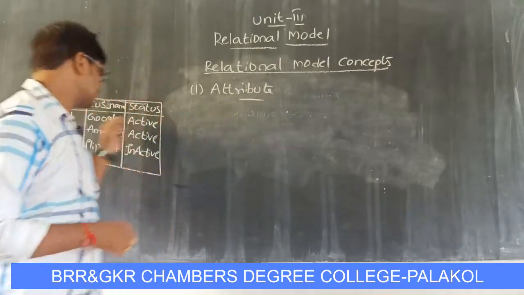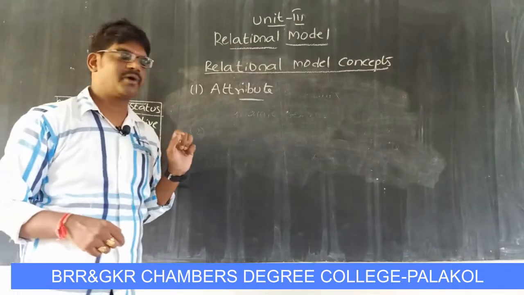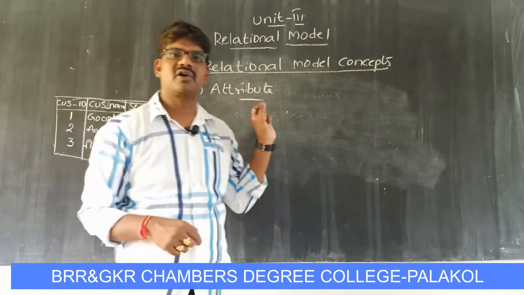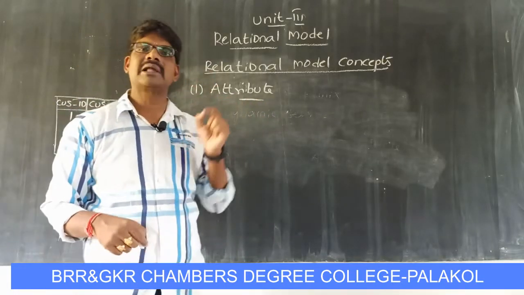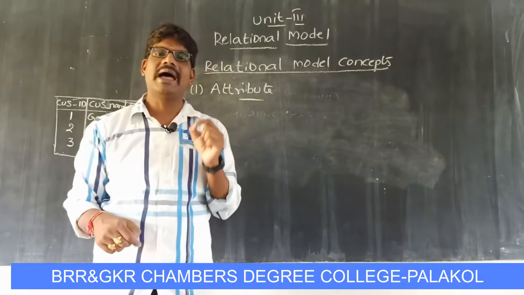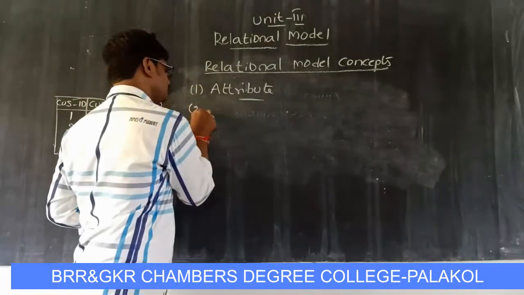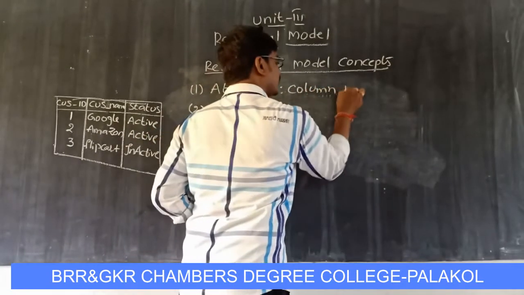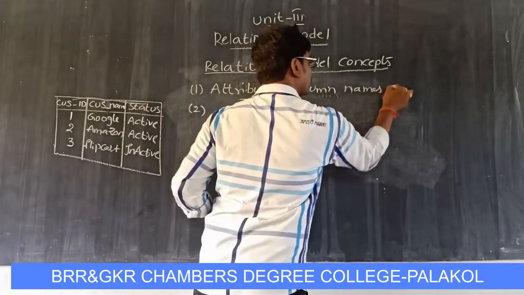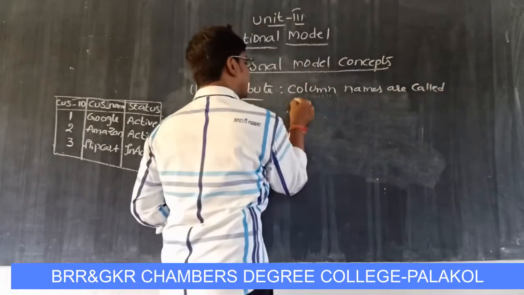So customer ID, customer name, and status are the properties of the table. We call them attributes. In a relational model, the column names are called attributes.